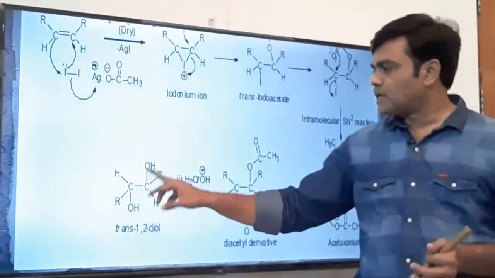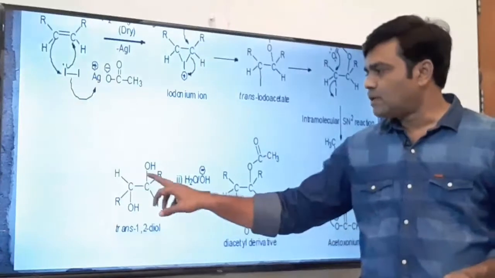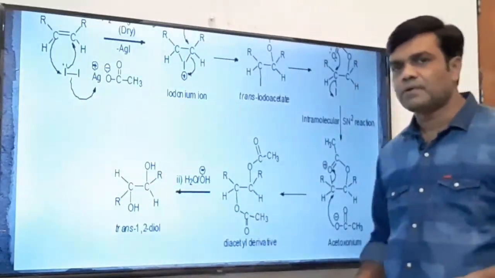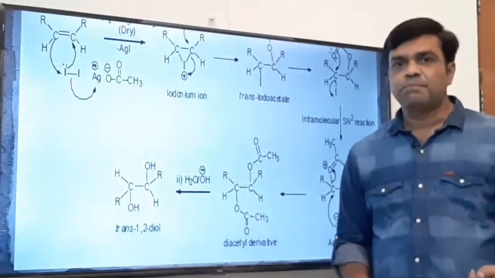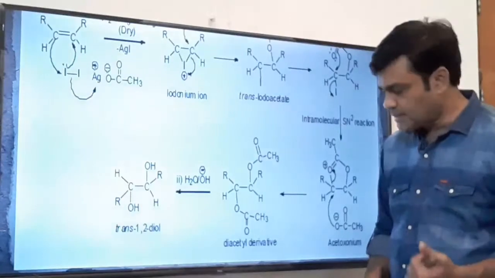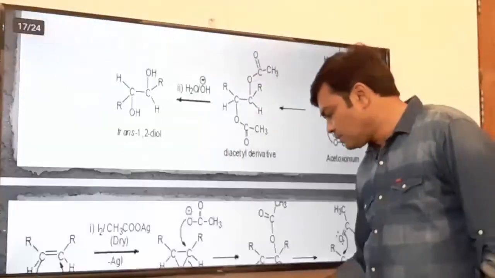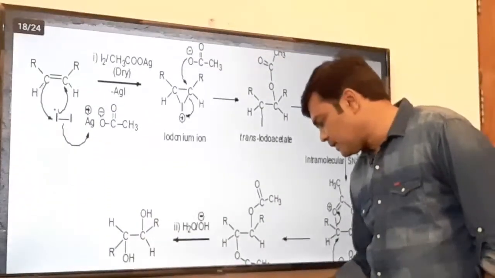The two OH groups are opposite to each other, that's why it is a trans 1,2 diol. 1,2 indicates the position of these two OH groups with respect to each other, which is also called a vicinal diol. Trans 1,2 diol is obtained. This is the mechanism of the Prevost reagent, which is also called saponification.